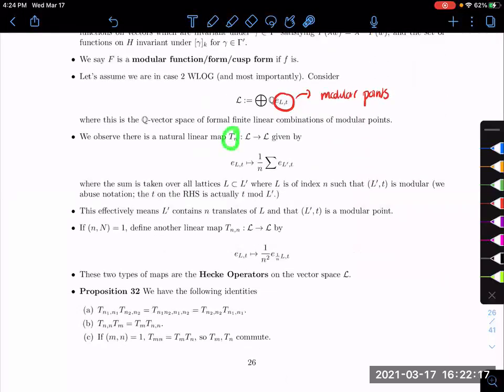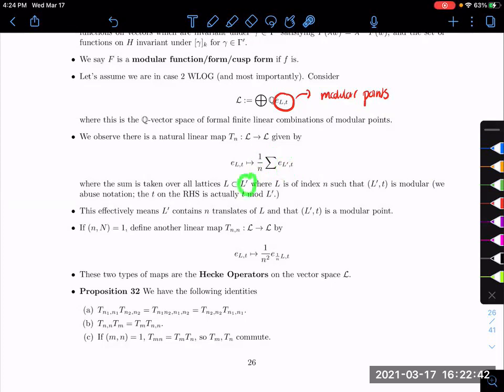We're going to call it T sub n, and it's going to go from this space L to itself. All I really have to do is tell you what it's doing to basis elements. So it's going to send a modular point (L, T), or E sub (L, T), whatever you like, to 1 over n times the sum of these E sub (L', T)'s. And what are these L primes?